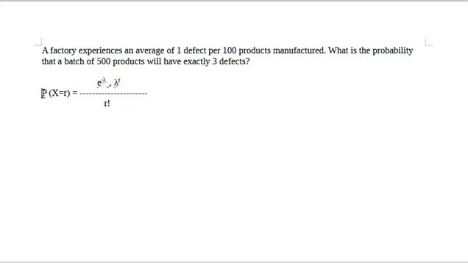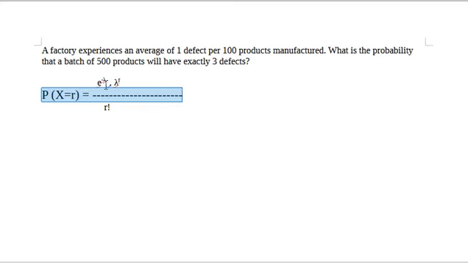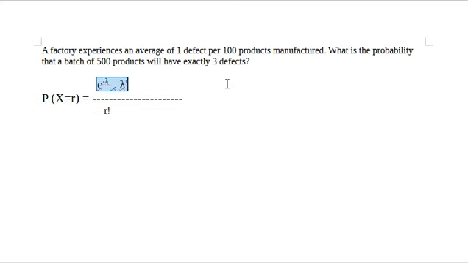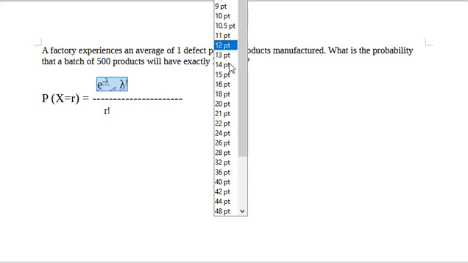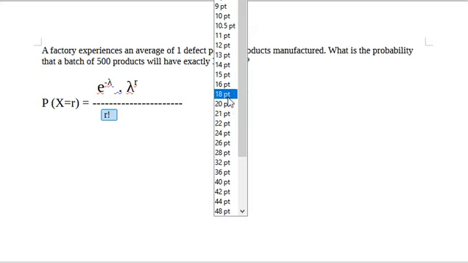And now I will make this formula much bigger for you so it is clear.